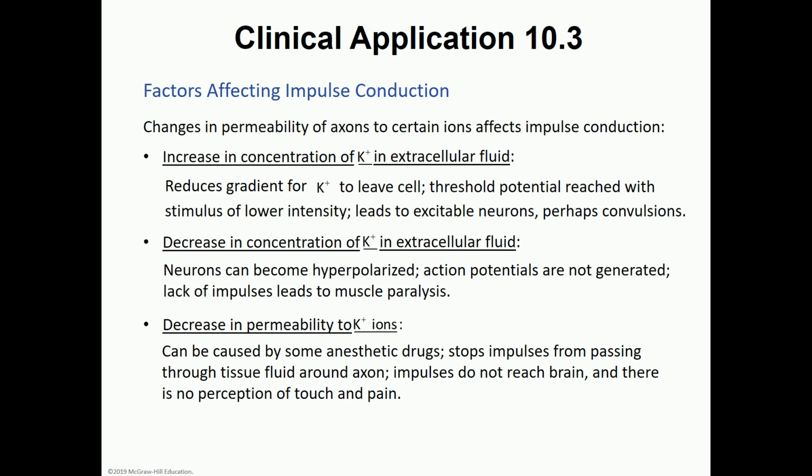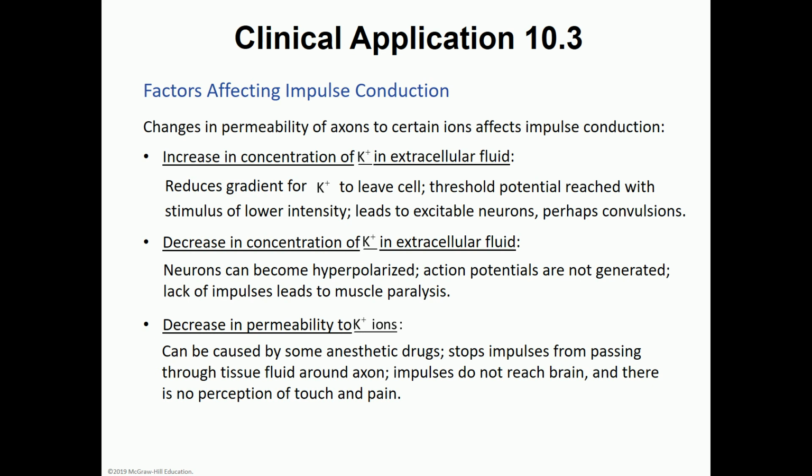What happens if you have an increase of potassium concentration in the extracellular fluids, known as hyperkalemia? That is going to lead to a change where the threshold potential is reached with stimuli of lower intensity, meaning that now the neurons are hyperexcitable. They're super sensitive, and that could lead to convulsions.